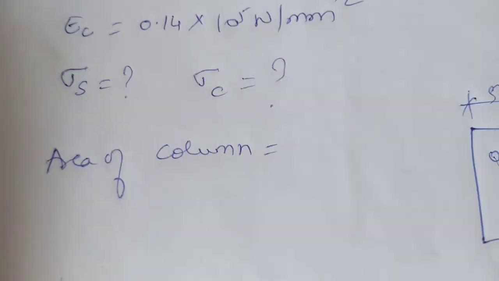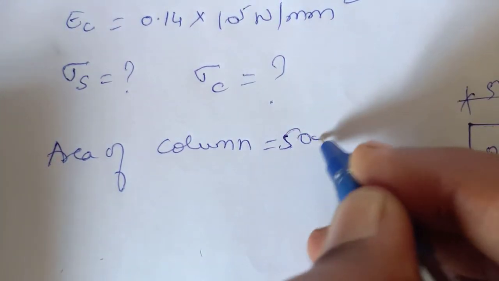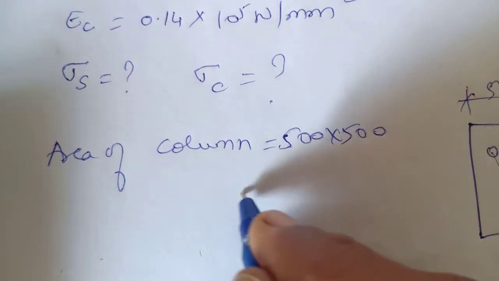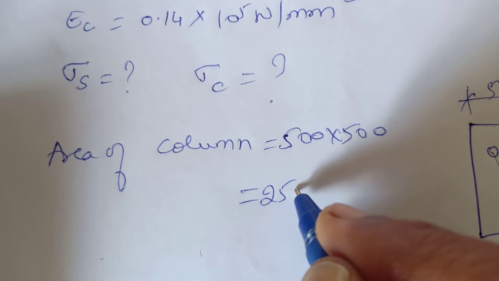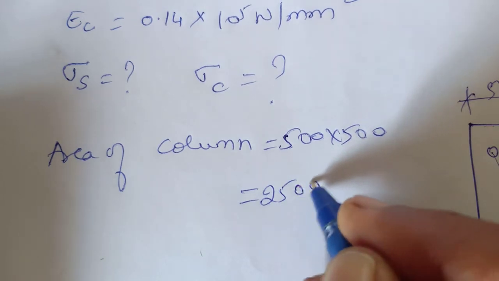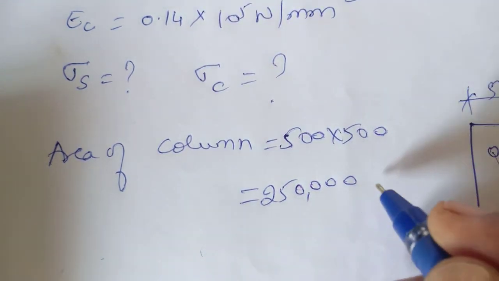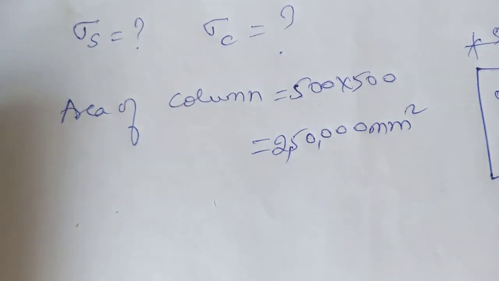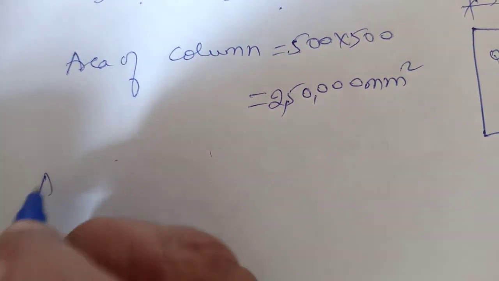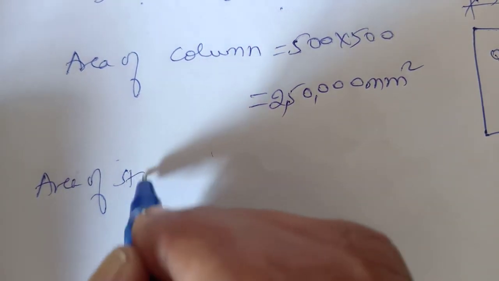Then now I'll find the area of the column, which is 500 by 500. That I'm getting the answer as 250,000 mm square. Okay. So then I have area of steel.